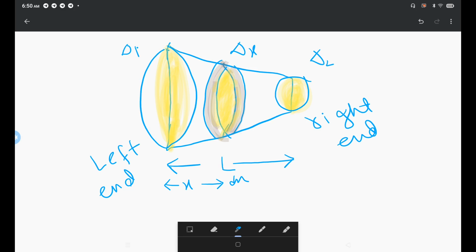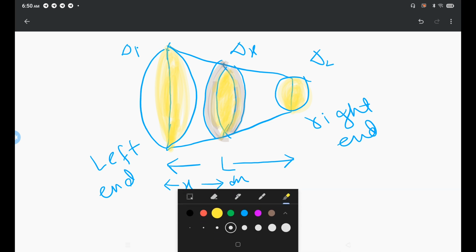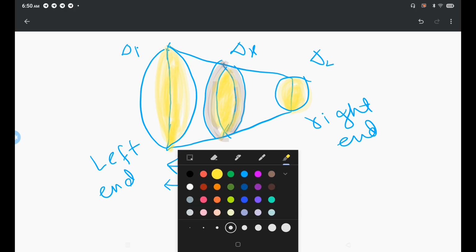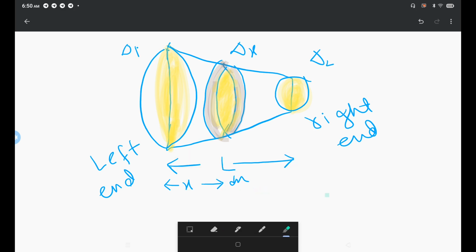You can see that if we consider two points here and here, the diameter along the length L varies linearly.